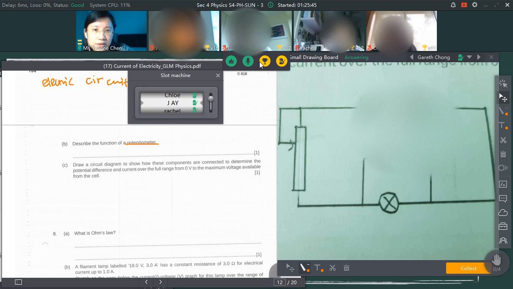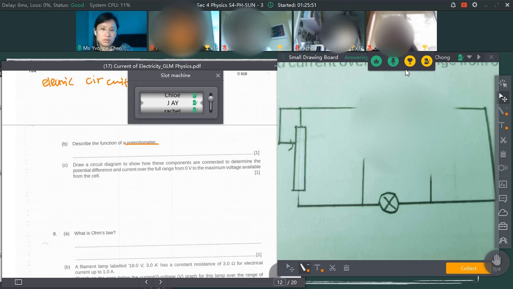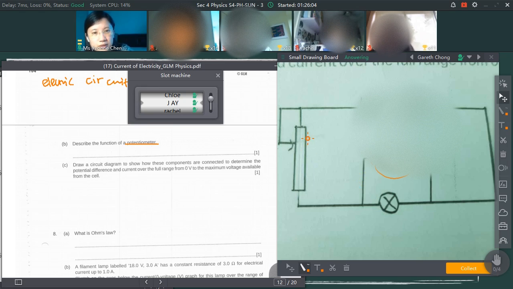Oh, okay. Gareth, yours is okay. Good. Oh, hold on. Gareth, sorry. I think you won't get 0, because you put the voltmeter here. You won't get 0. No matter what, there's a potential difference. I think you can put the voltmeter here.